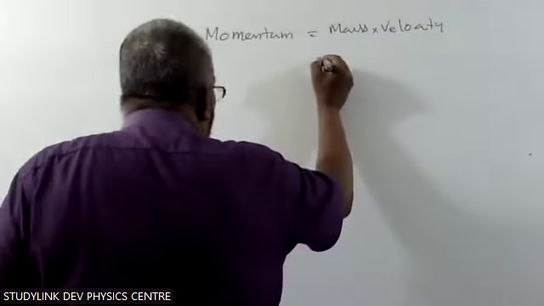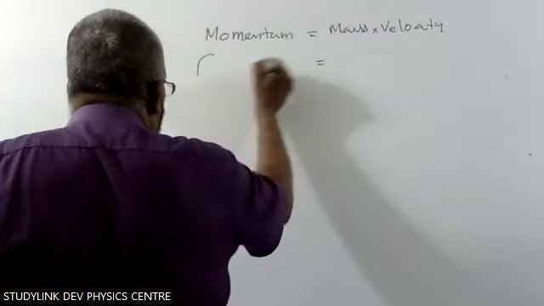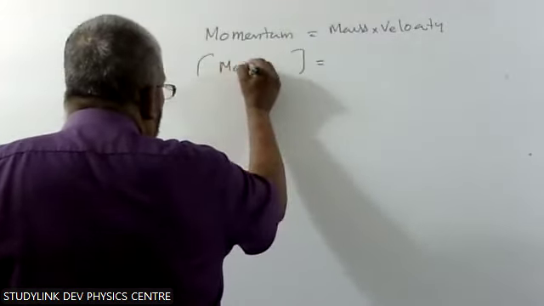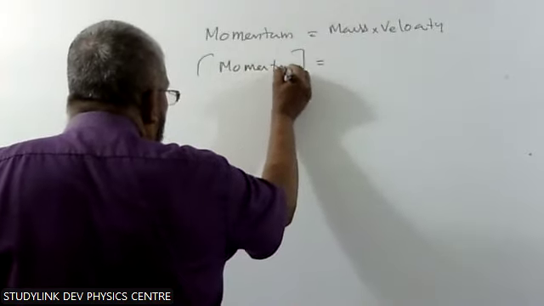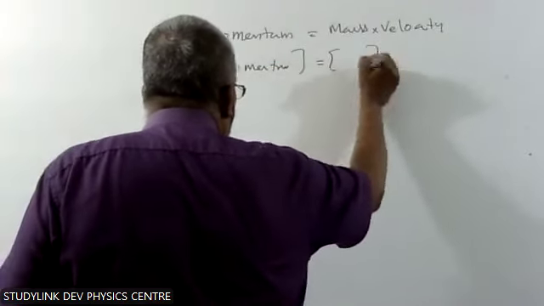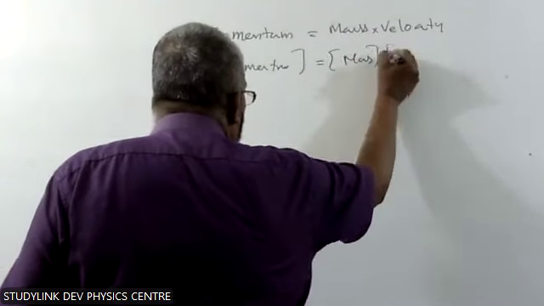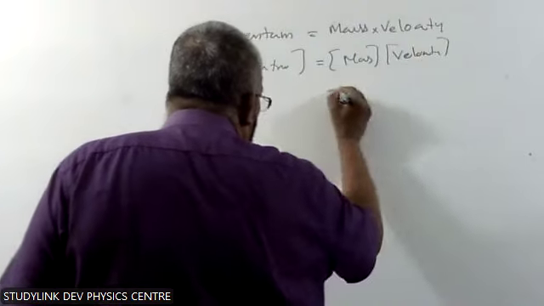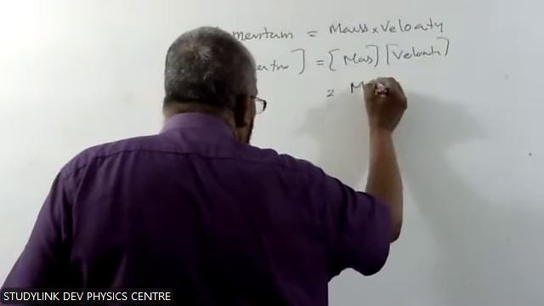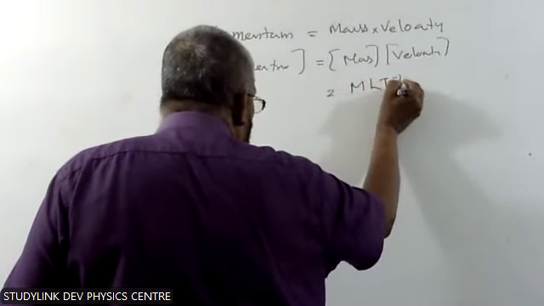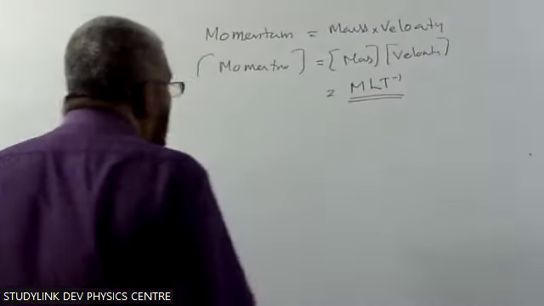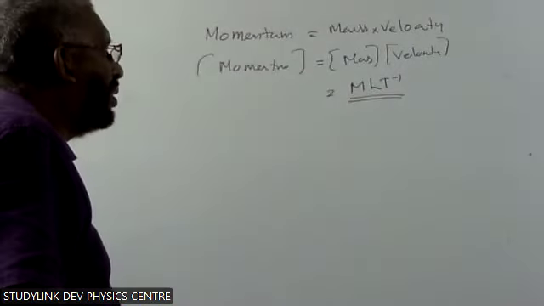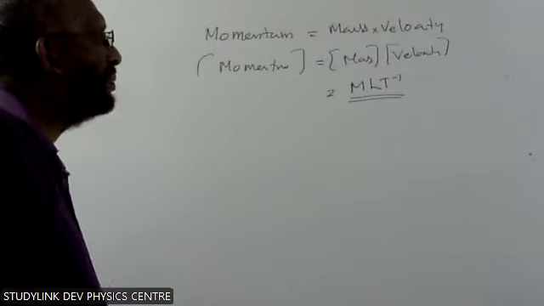So then momentum, dimensions of mass, dimensions of velocity. This is M, this is L, MLT minus 1. That is dimensions of momentum.